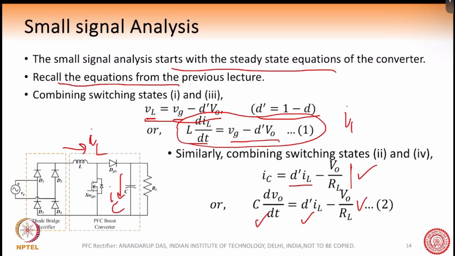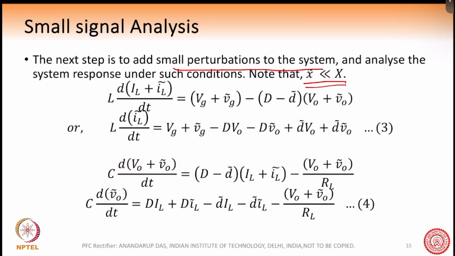For example, IL is equal to capital IL plus IL hat. Then for d(IL plus IL hat)/dt, we write the equations exactly as we have done in the voltage source converter. We write down these equations and then collect the AC terms one by one.